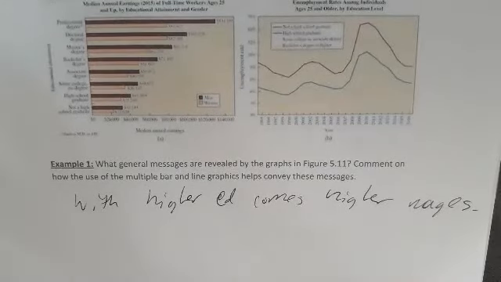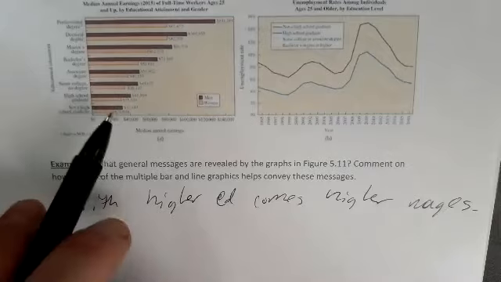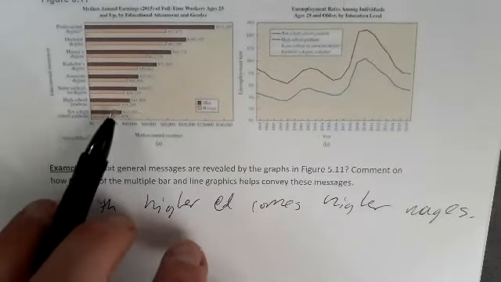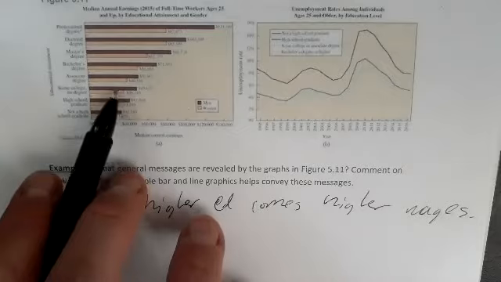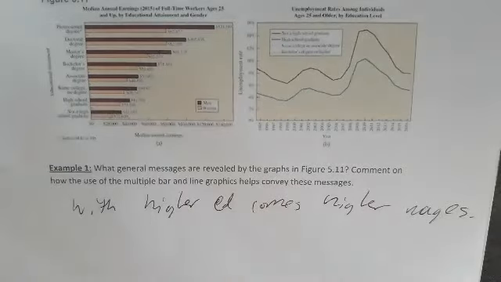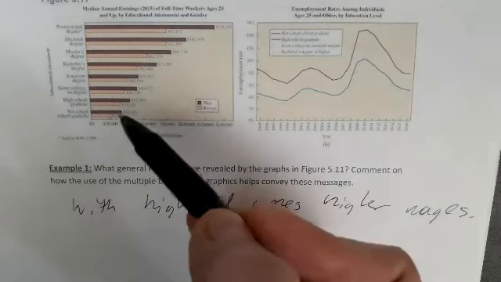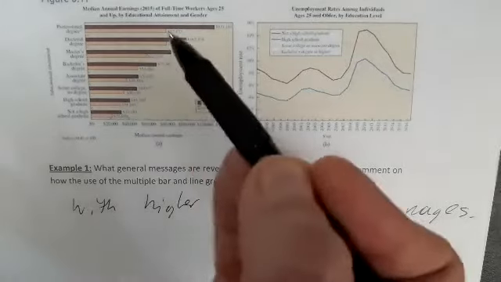The other thing is there is a gender discrepancy here. So this, we can see the gender discrepancy. Women are making less than men across the board. And we can see the extent of it, right? We can see this gap here. We can see the gap between men and women for each degree level.